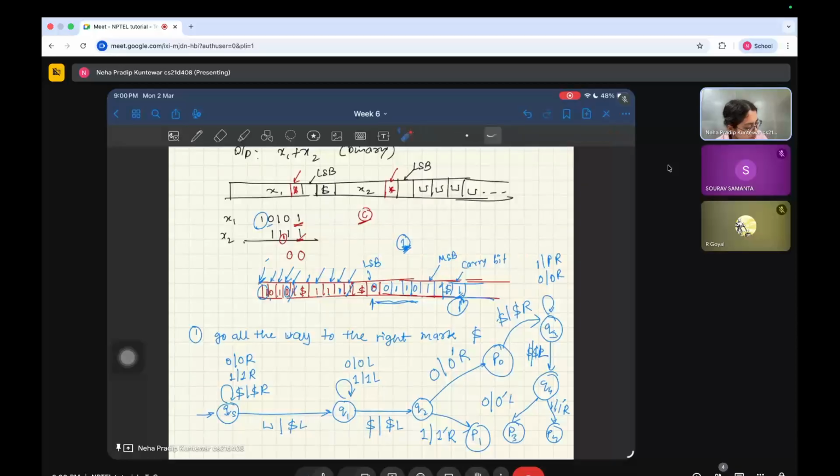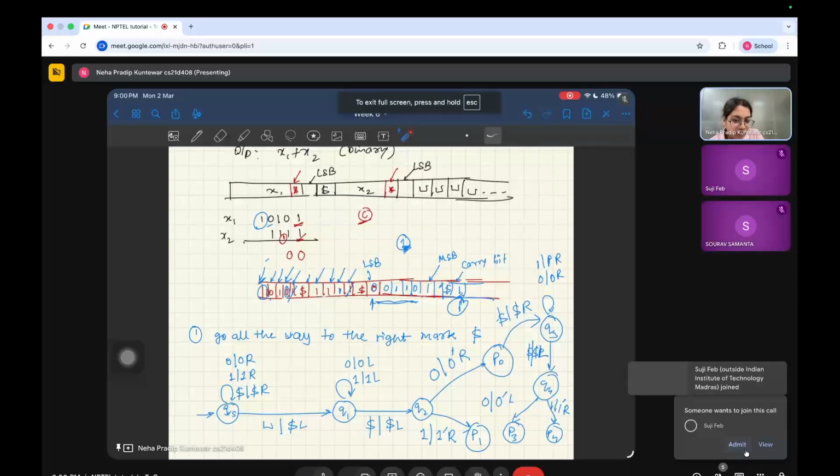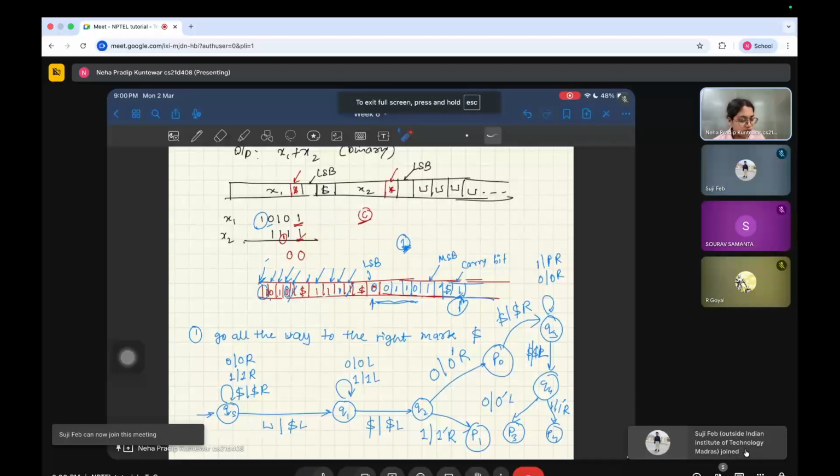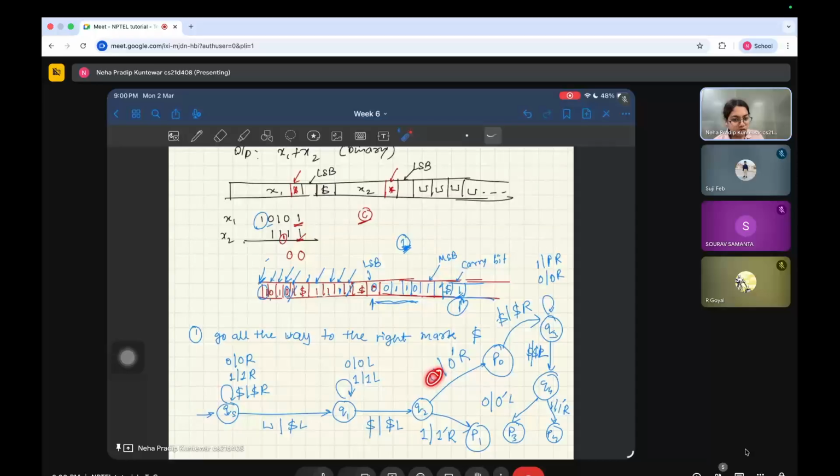So if the LSB was a 0, what that means is the LSB of x1 was a 0 and the LSB of x2 is a 0. So the summation should be 0. Okay, the new bit in the summation should be 0. Similarly, if the LSB of x1 was 0 and the LSB of x2 was 1, then the summation should be 1. Similarly, you will have this kind of splits based on what is the LSB of x2.